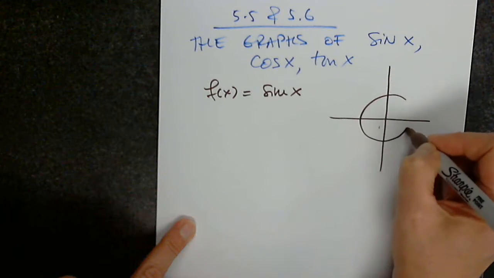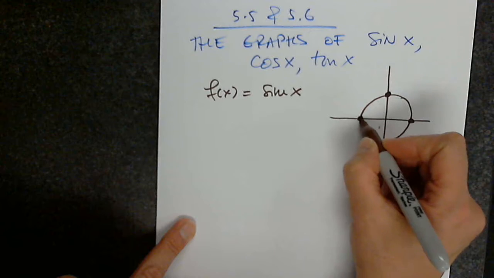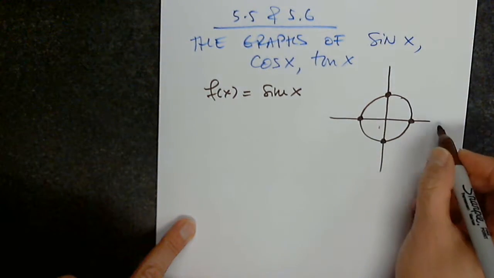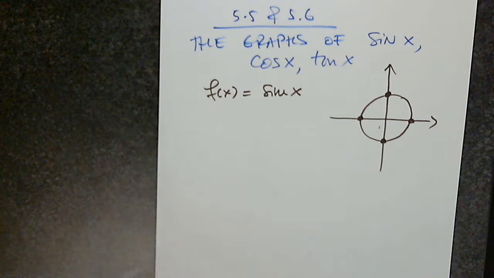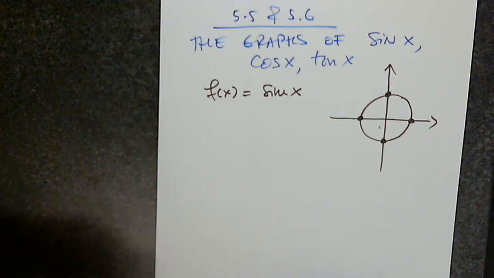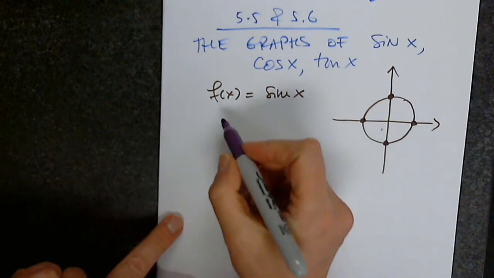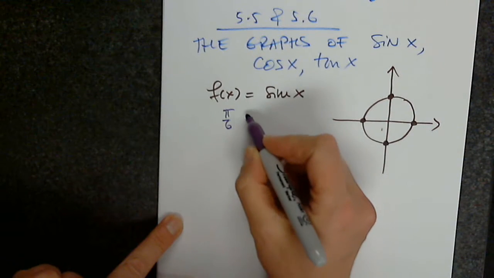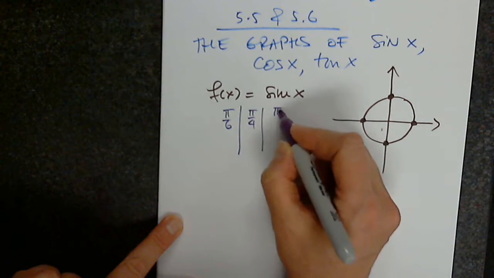Let's look at the unit circle for a moment. And if you remember, I said we have to memorize. I don't like to say that, but sometimes I have to. We have to memorize this little chart. Pi over 6, which is 30 degrees, pi over 4, which is 45, and pi over 3.